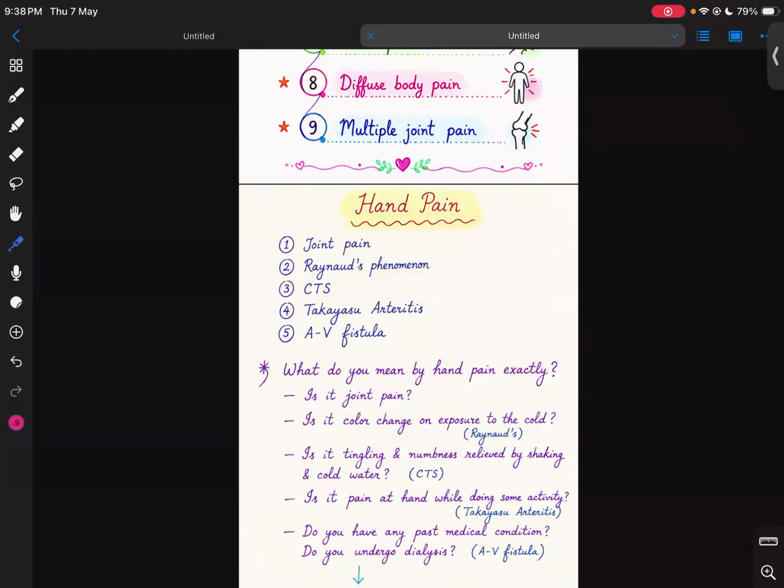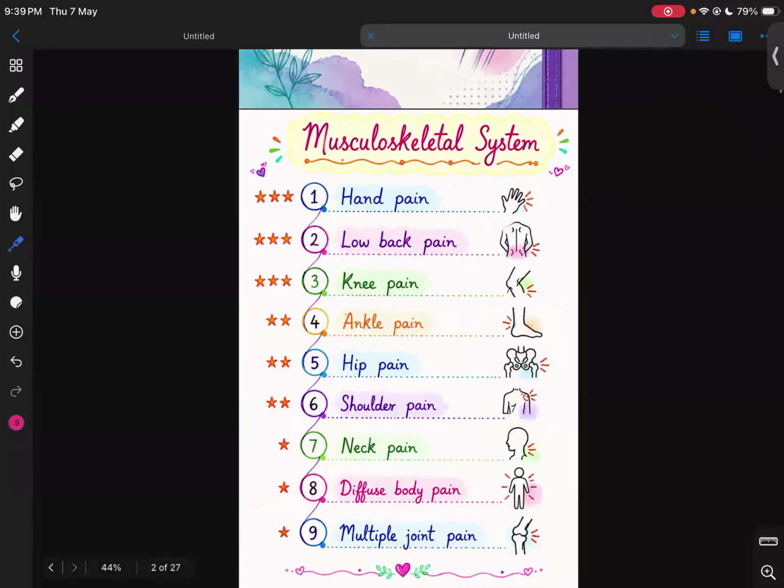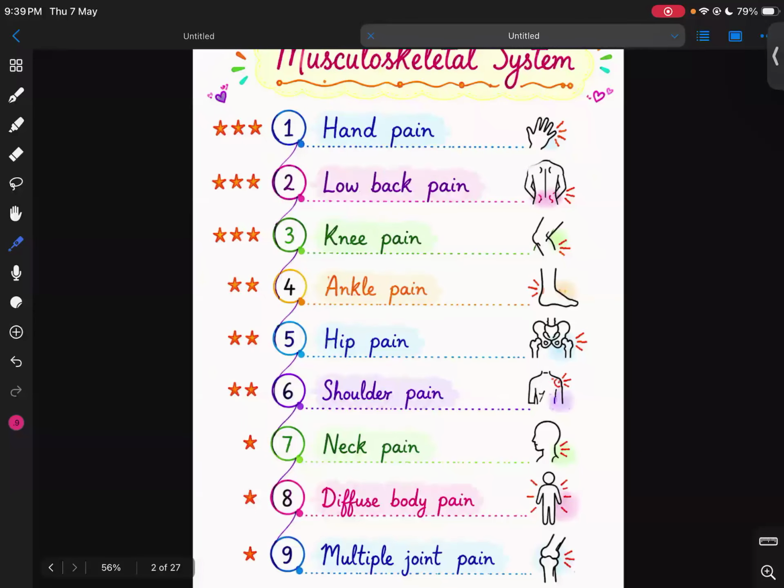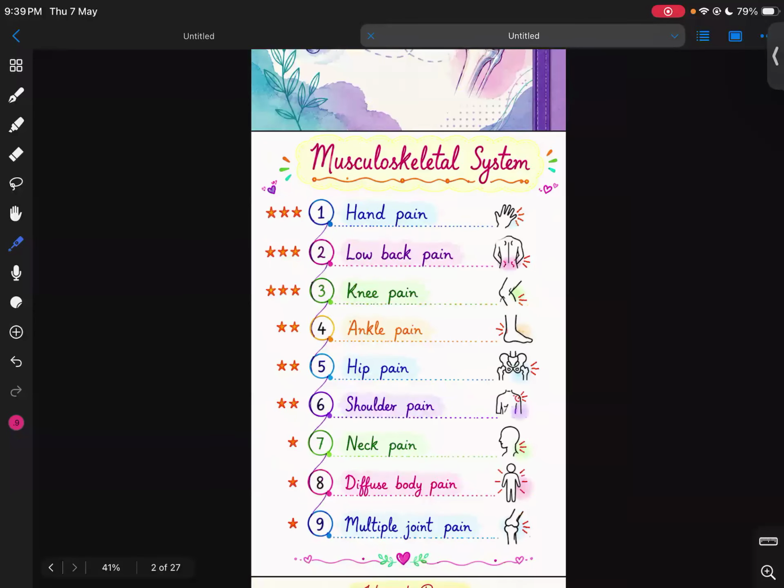But in the case of the metacarpophalangeal and proximal interphalangeal joints, it is rheumatoid arthritis. You have to examine each joint separately. How to do the examination? It is described in detail in the physical examination video, which is provided separately to the registered candidates. And never forget to examine for complications for any type of pain.